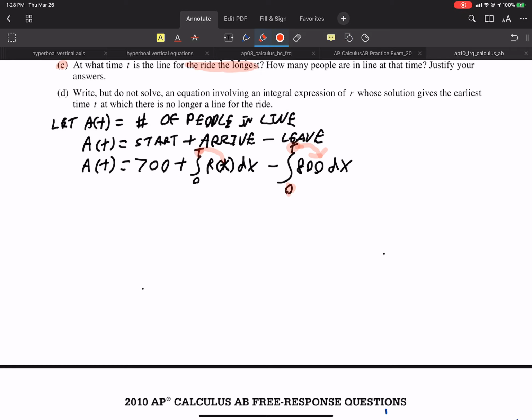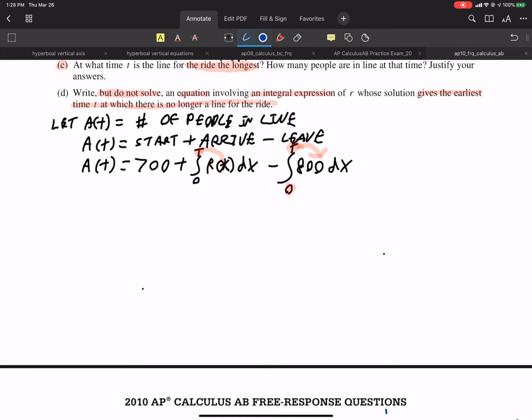So part D, do not solve, that's important, an equation and one integral expression that gives the earliest time t at which there's no longer a line in the ride. So to not have a line in the ride would mean that the number of people waiting is 0, or a of t would be 0.